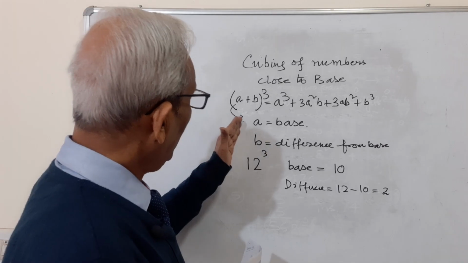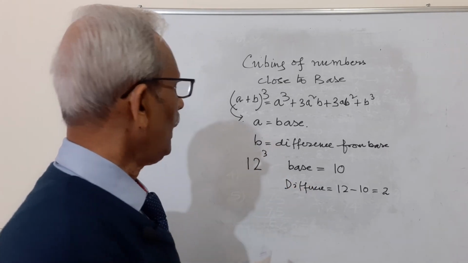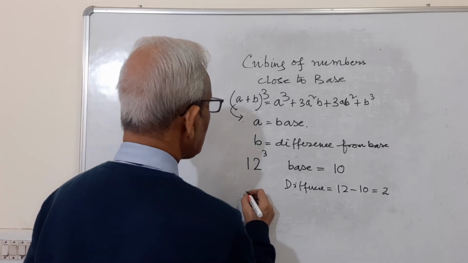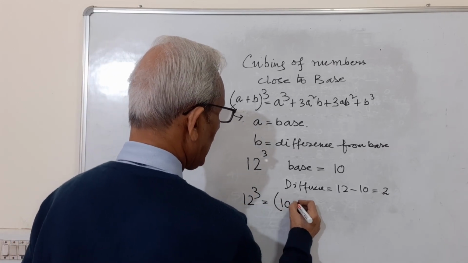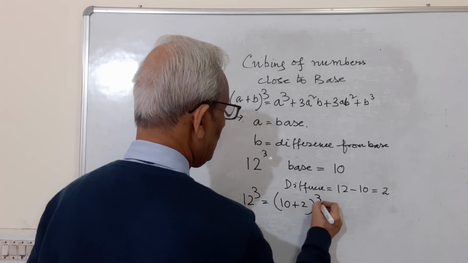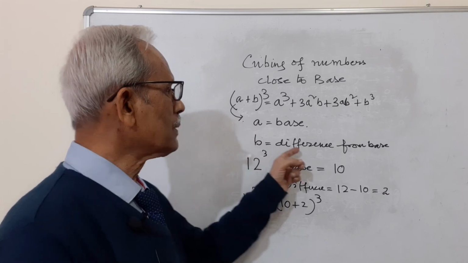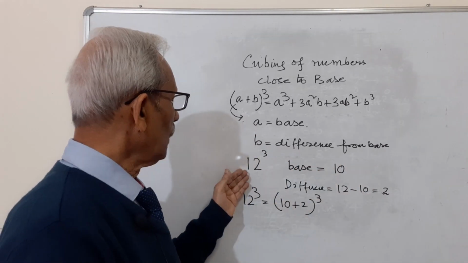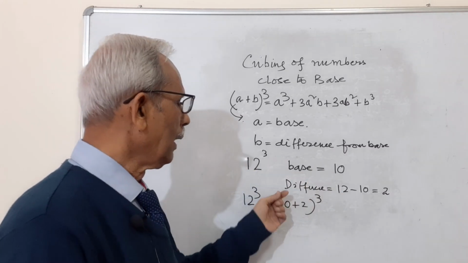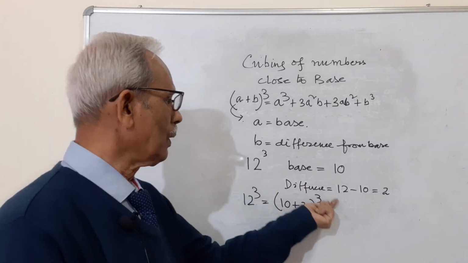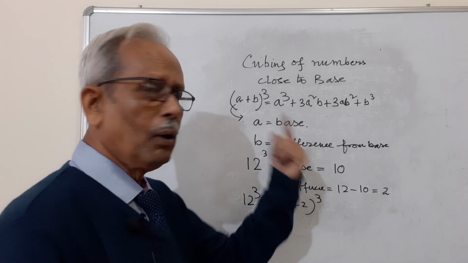So a is the base and b is the difference from the base, and so 12 cube can be written as 10 plus 2 whole cube.